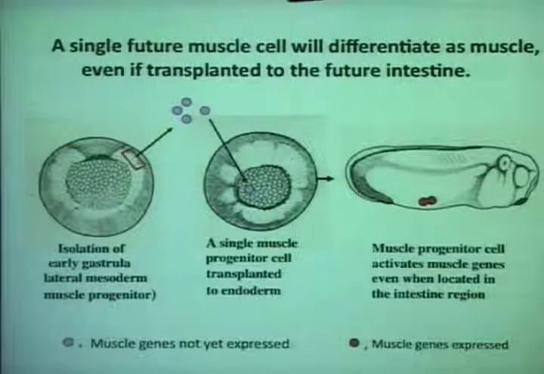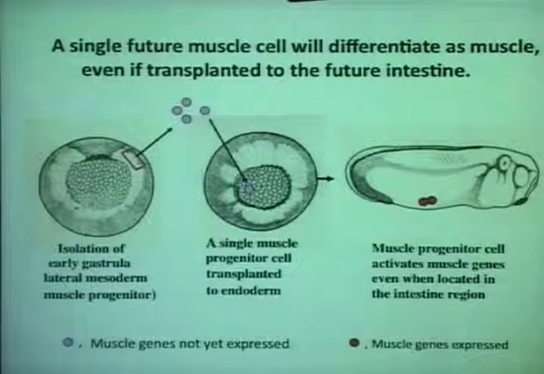So in this case, this cell has undergone its intended differentiation into muscle in completely the wrong environment, surrounded by cells of an entirely different kind. So that says that cell is completely determined or committed in its development to form muscle. Doesn't matter what other cells are around it.